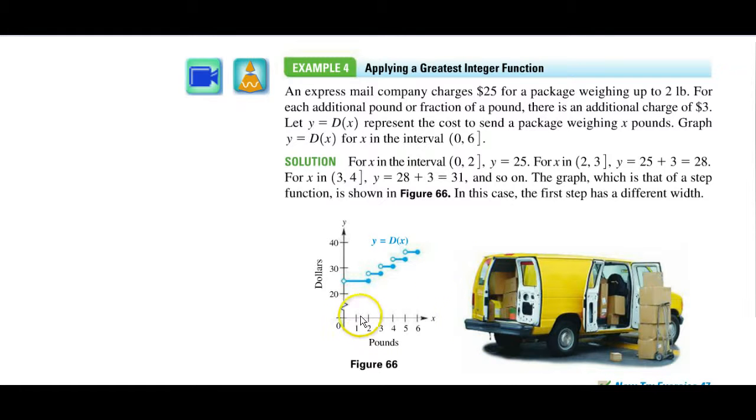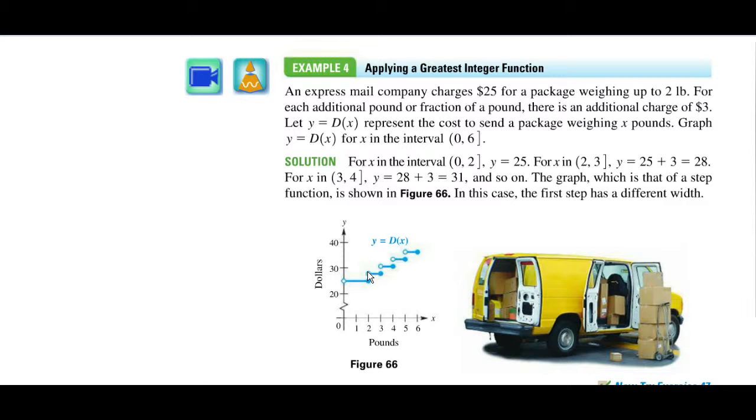But what you're doing is you want to deliver a package, and this company will charge $25 for the first up to 2 pounds. So you're starting there, and you're up to 2 pounds, you're paying $25. Then if it's over 2 pounds, again, you start there, but it's sort of anchoring at that.